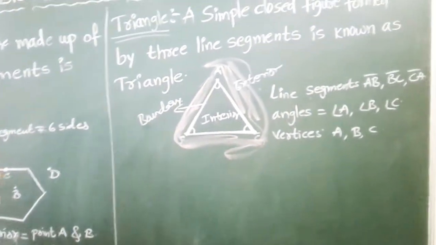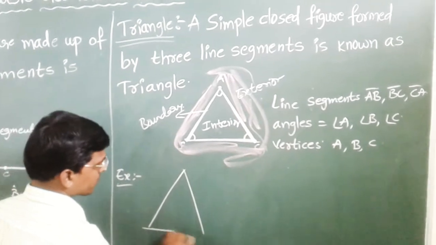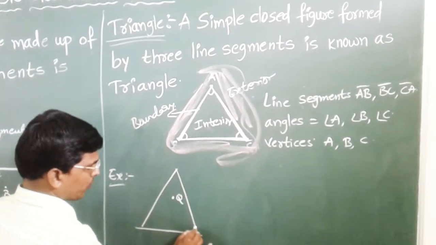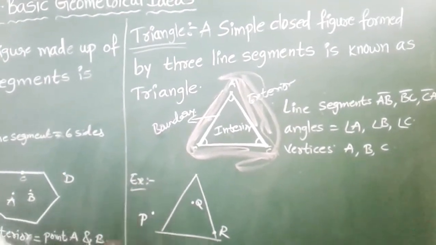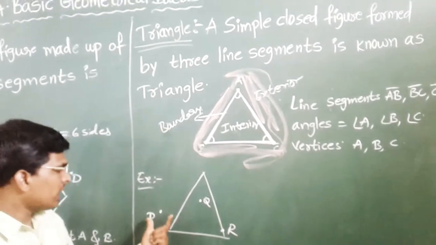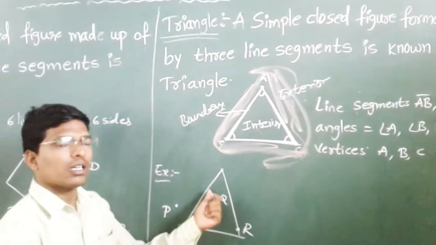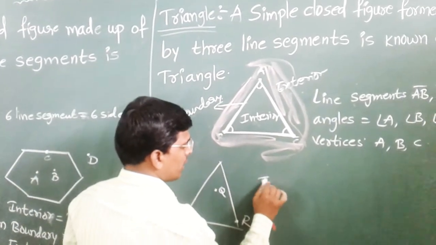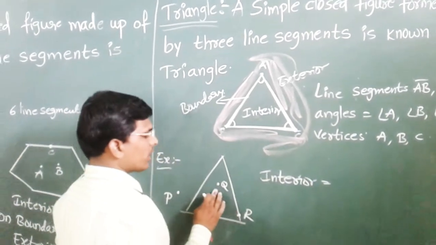For example, they will ask you a question, they will give a triangle figure and they will give you point Q, point R, and point P. Locate the points: find out the positions of the points, whether they are inside or outside or on the figure. So what is your answer? Interior: which point is located in the interior?